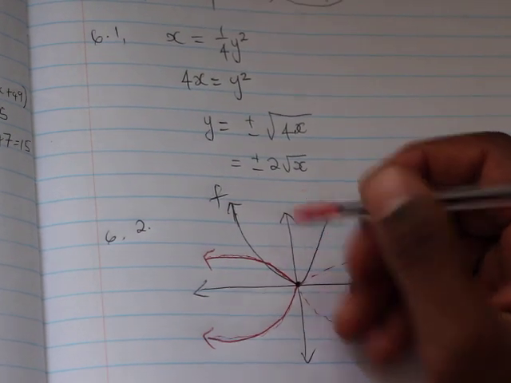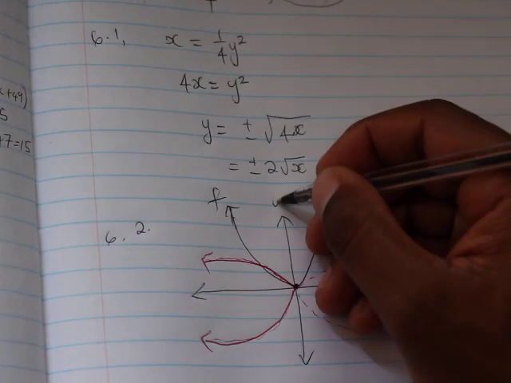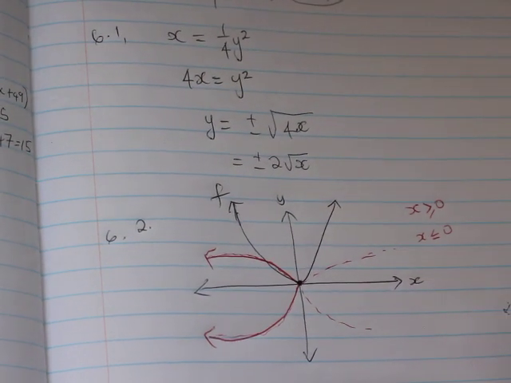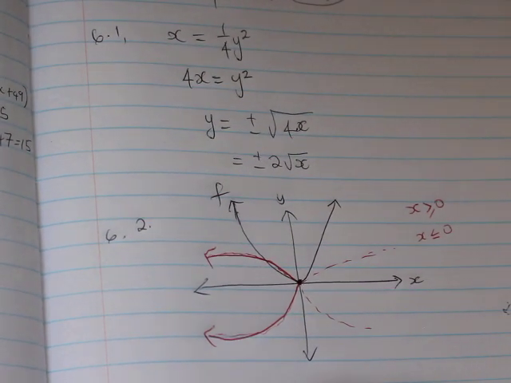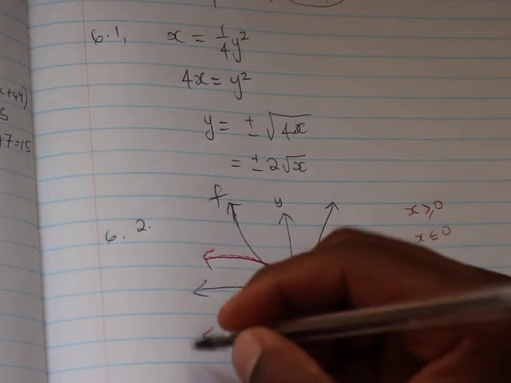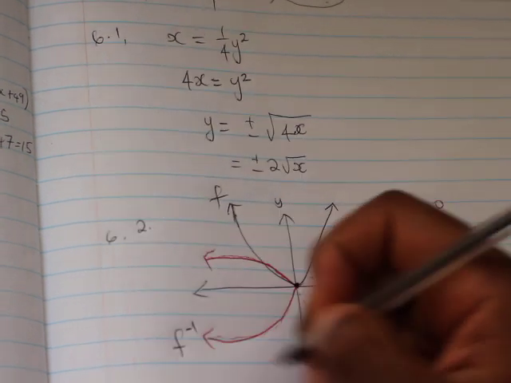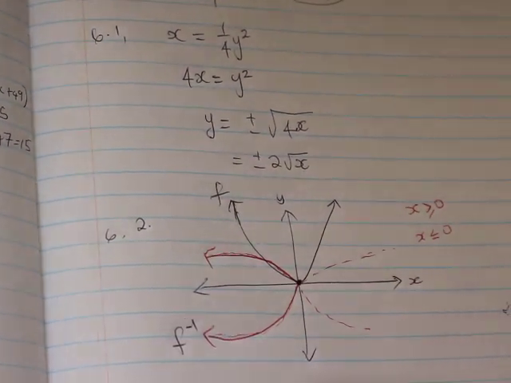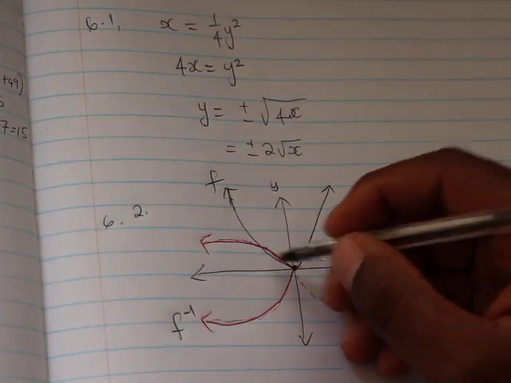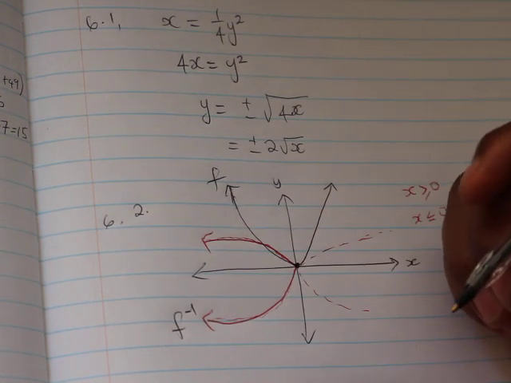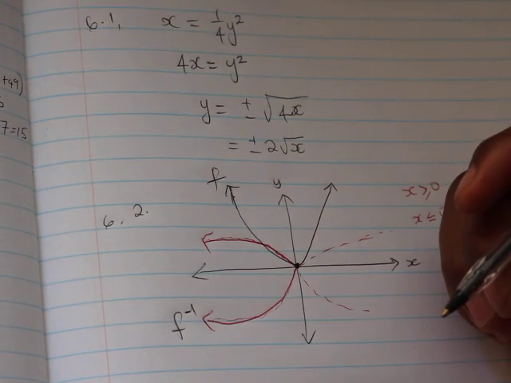So this is the y-axis and this is the x-axis. So we've plotted the inverse now, and this is f inverse. And you can see that obviously there's an intersection between f and the inverse.